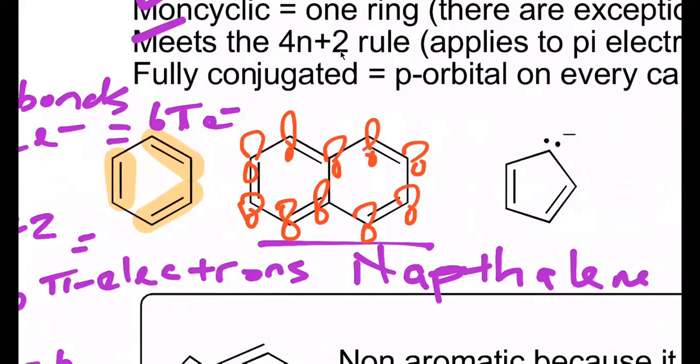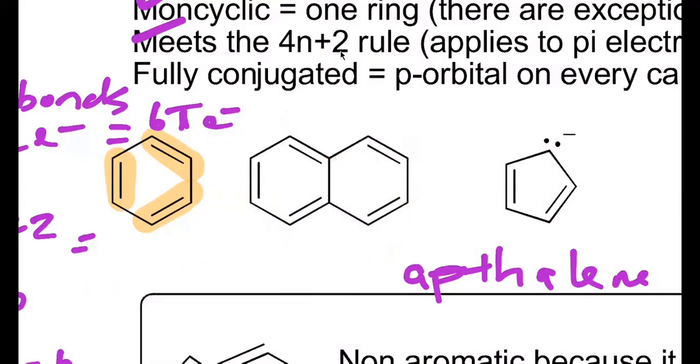What about the 4n plus 2 rule? Does it meet that? How many pi electrons do I have? We've got 5 pi bonds, and 2 electrons in each bond. So this is a 10 pi system.